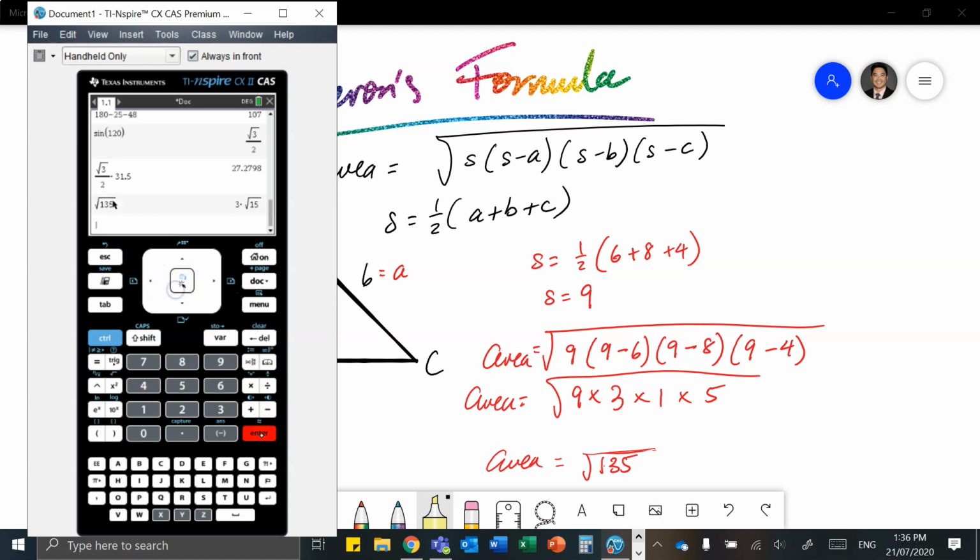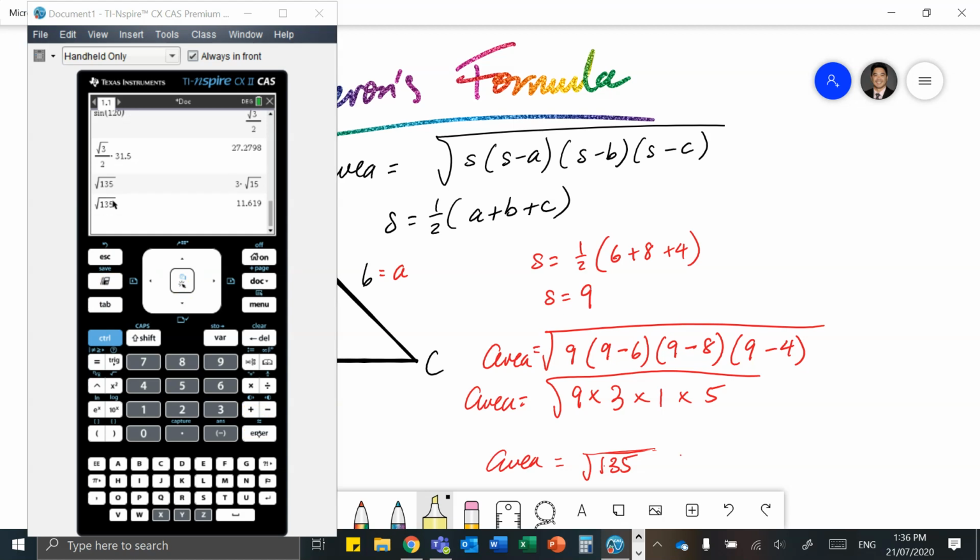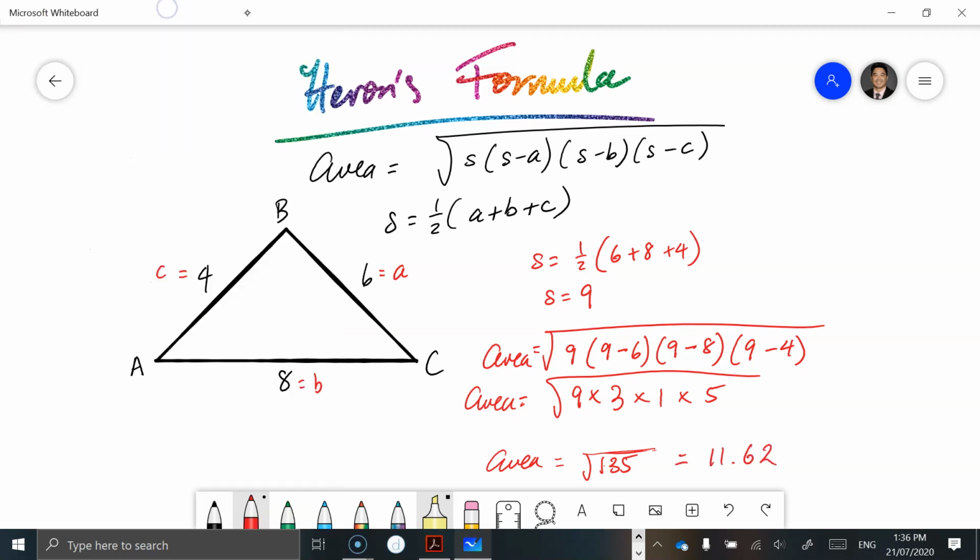There we go, 11.62. And in this case, let's say it was centimeters, then we've got 11.62 centimeters squared as our area.